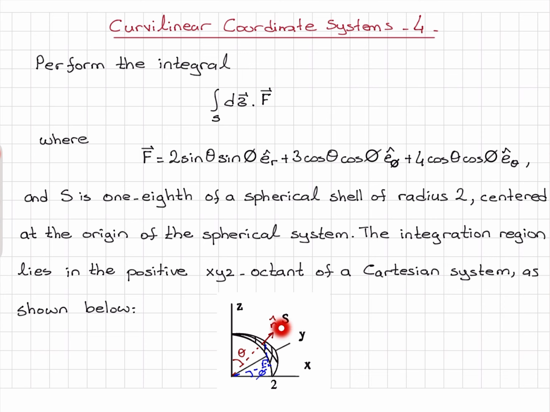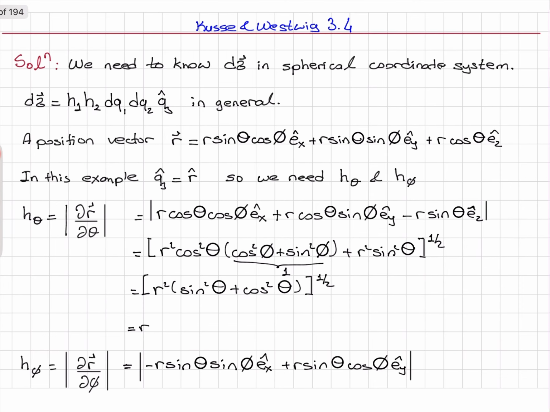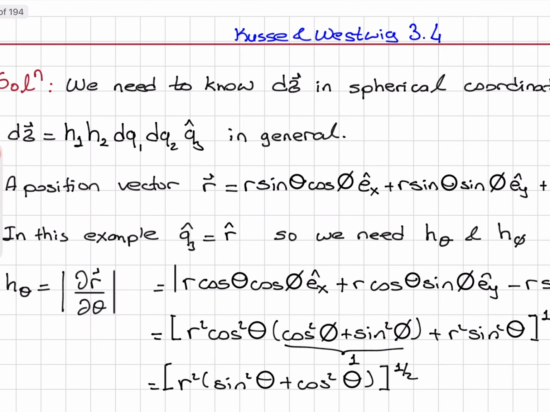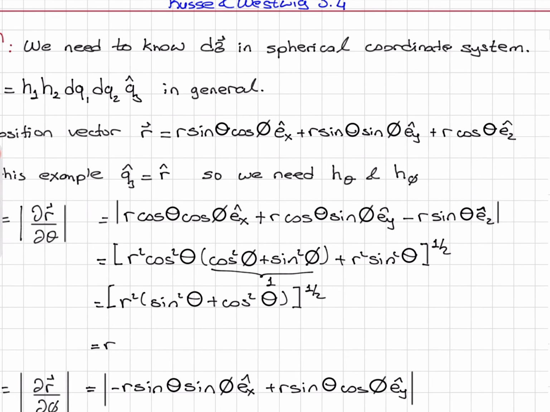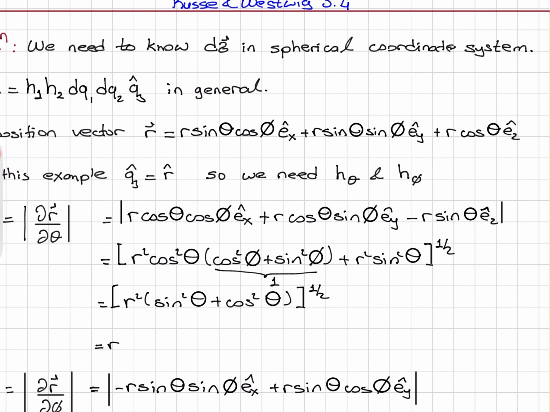So that's what I did here. So in order to find the differential area vector, d sigma, I have to know h1 dq1, h2 dq2 in q3 hat direction. The scale factors are found by writing the position vector using the coordinate transformation between r theta phi and x y z. So this is x ex hat plus y ey hat plus z ez hat.